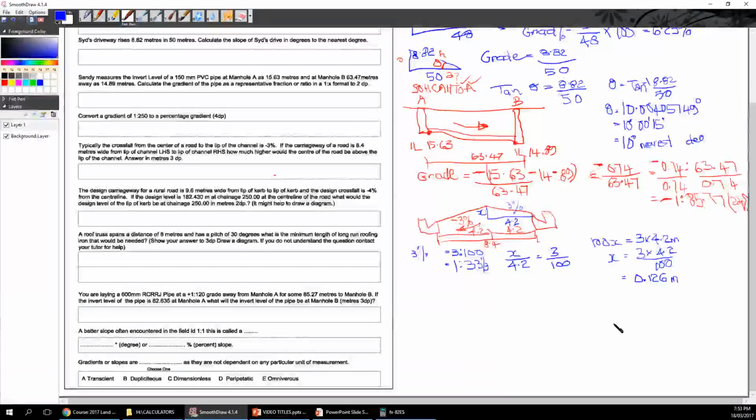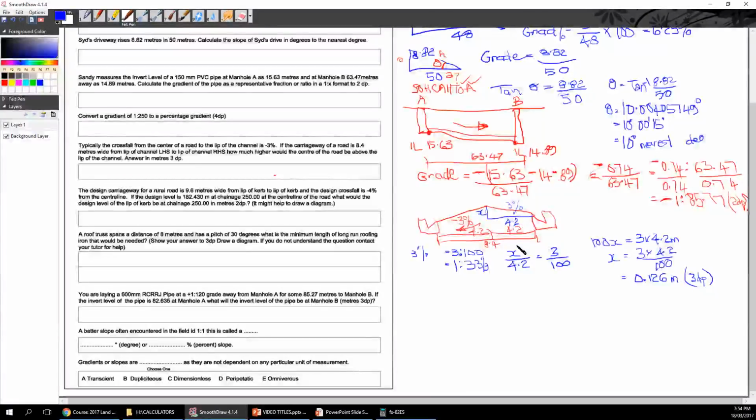So it would rise up 0.126 meters. And that's 3 decimal places, which it should be 3 dp, nearest millimeter.